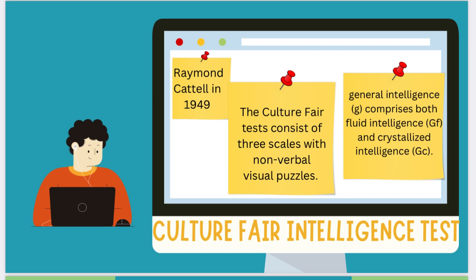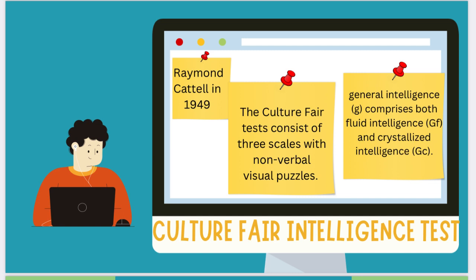Moving on to the next item, which is the Cattell Culture Fair Intelligence Test, or we can call it the Culture Fair Intelligence Test. This test was created by Raymond Cattell himself in 1949 in an attempt to measure cognitive abilities devoid of socio-cultural and environmental influences.